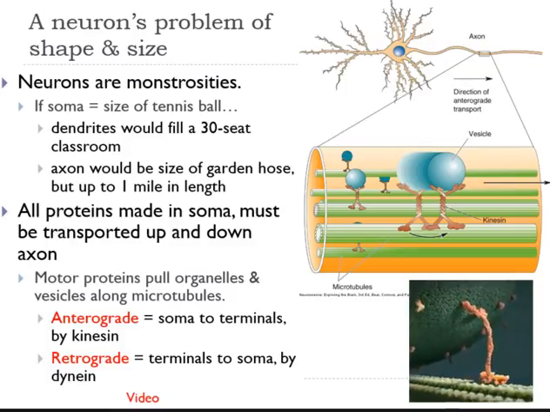So you're manufacturing proteins up in the cell body with all of our typical machinery: nucleus, ribosomes, endoplasmic reticulum, Golgi apparatus. If you needed to send a vesicle full of proteins down to the synaptic terminal, the synaptic knob at the end of the axon, you would package it in a vesicle, and the vesicle would have to get hooked up with a specific kind of motor protein called kinesin.